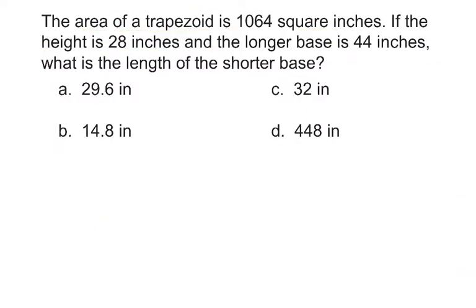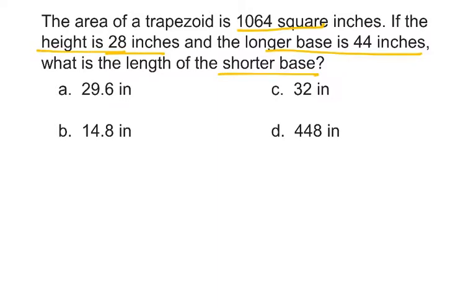In this next problem, we have a multiple choice problem. And there are some ways that you can isolate the correct answers with a multiple choice problem. So we have the same type of problem. The area of a trapezoid is 1,064 square inches. If the height is 28 inches and the longer base is 44 inches, what is the length of the shorter base?